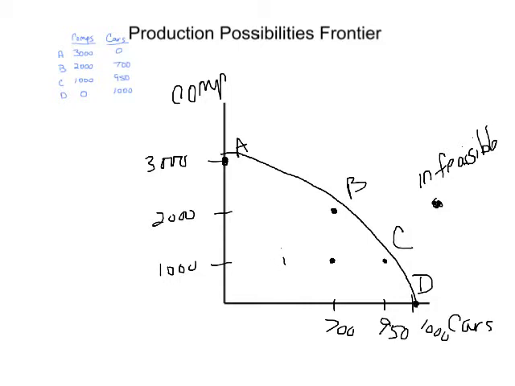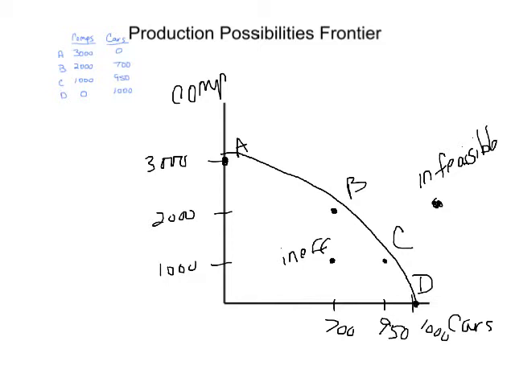Maybe they're using their resources inefficiently. Or it could be that they have some unemployment going on. Either they're not employing labor completely, or maybe they're not employing capital. It could be that there's a depression or a recession going on. The point inside the curve represents a situation where there are resources, but they're just not being used.